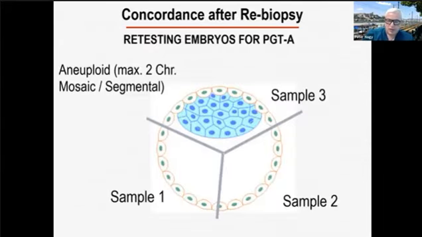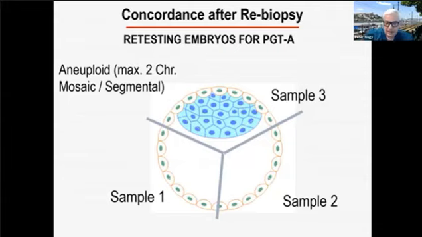So here I wanted to jump to the second topic, which is related to the topics I have been discussing: concordance after rebiopsy. What we did here at RBA is that patients who had embryo biopsy PGT testing that came back as abnormal, with one or two chromosome abnormalities, either full abnormality or mosaic and segmental, donated those embryos to research.